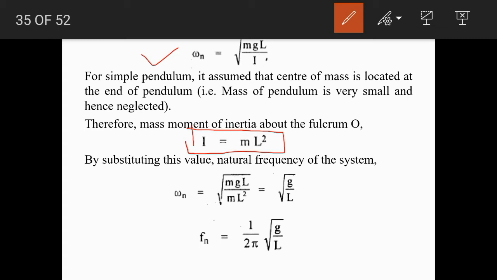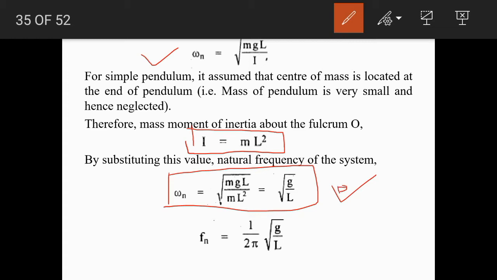Now substituting this value in the expression of omega n, the natural frequency in radian per second could be given as square root of mgL by m L square. So ultimately omega n would be equal to square root of g by L radian per second. So this is the natural frequency of a simple pendulum.